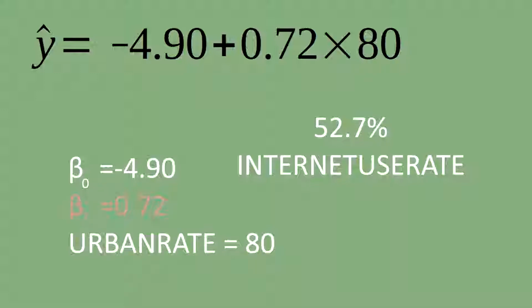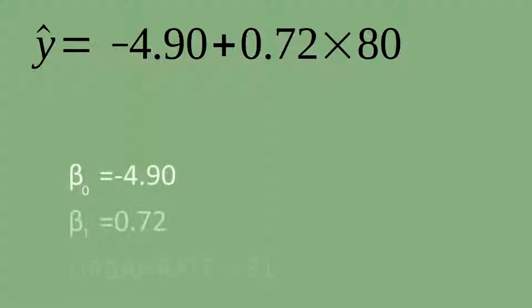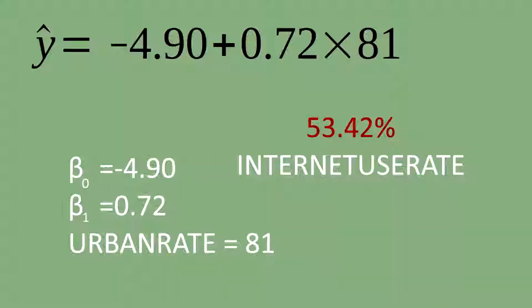Also note from our beta sub 1 that this value is by how much internet use would increase for every 1 unit increase in urban rate. For example, if we had a country with 81% urbanization, we would expect their internet use rate to be 0.72 people higher, that is almost 1 person, than a country with 80% urbanization.